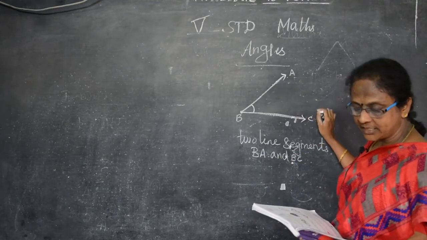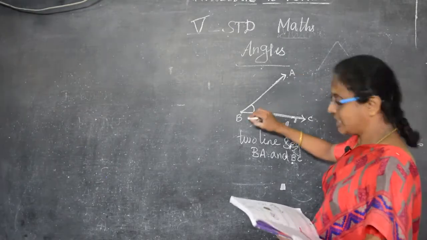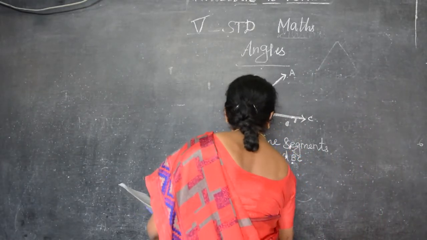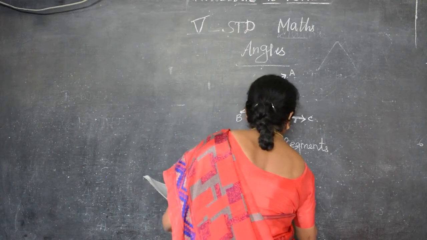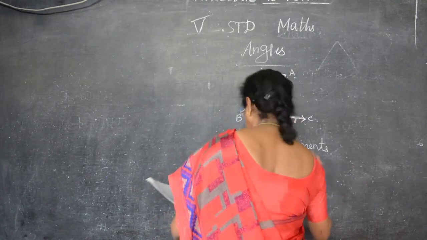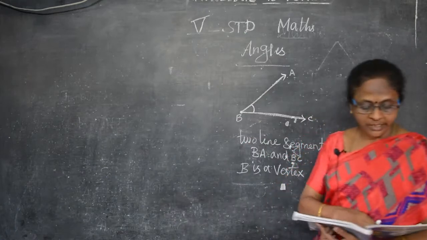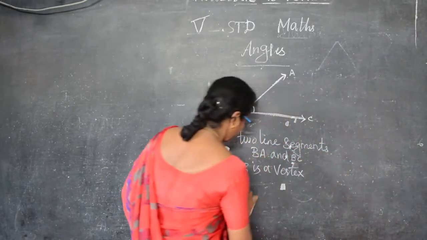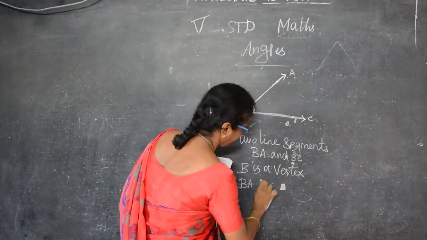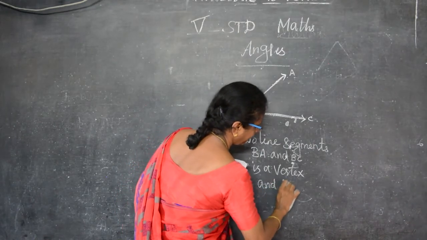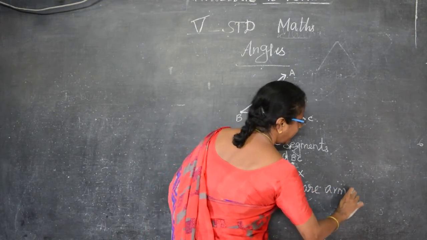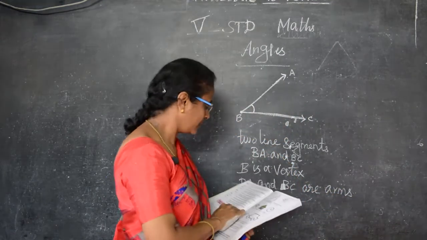This A and C is the line segment. And B is the vertex. Vertex, the point you can say, B is a vertex. And BA and BC are arms.